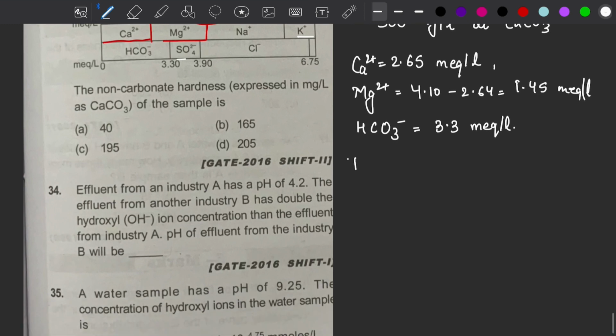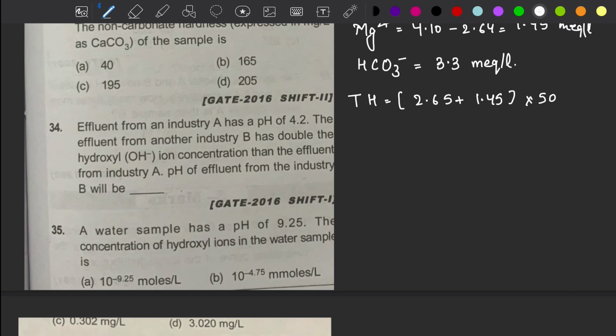Now we can calculate total hardness. Total hardness will be given by the multivalent cations, so calcium is 2.65 and magnesium is 1.45, into 50. If we calculate, total hardness comes as 205 milligram per liter as CaCO3.